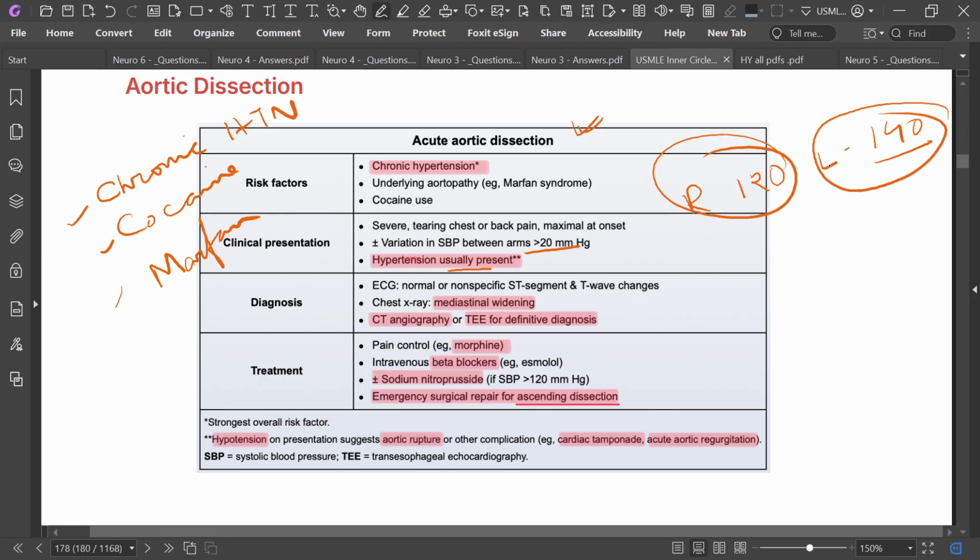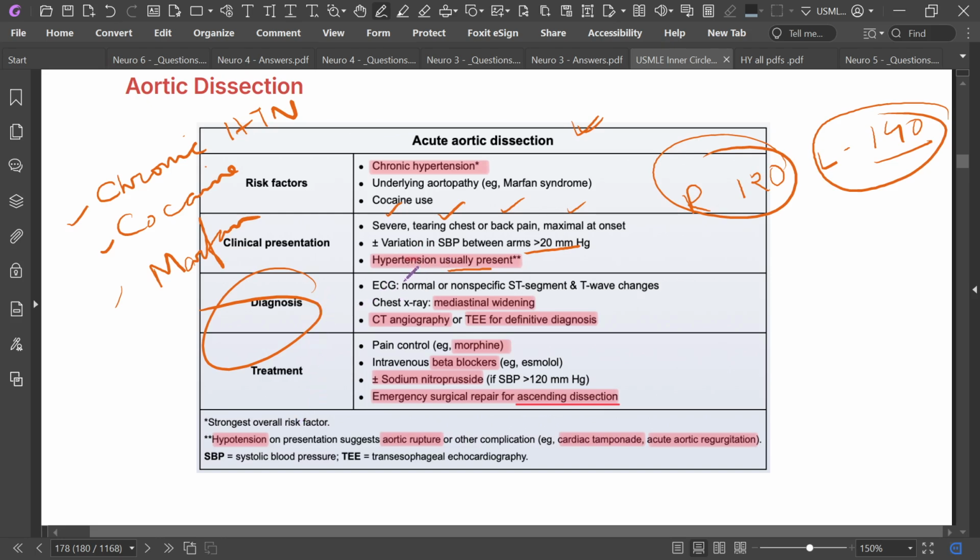Very important is severe tearing chest pain that radiates to the back, maximal at onset. In cardiology, most diagnoses start with ECG and end with echo.